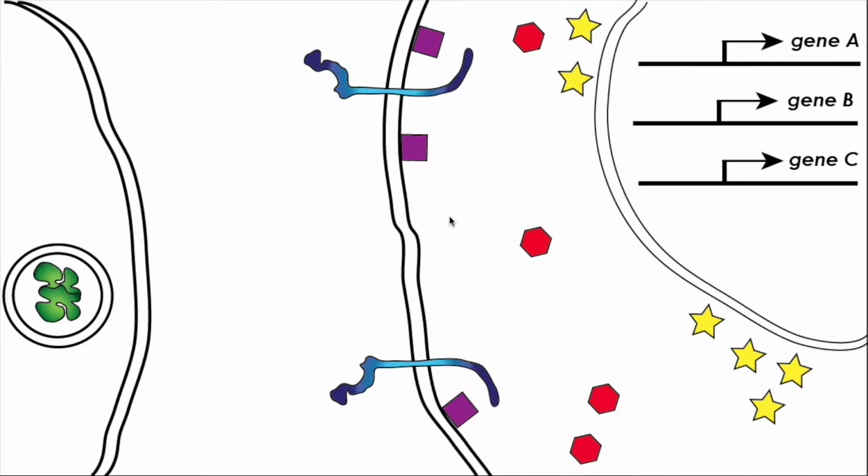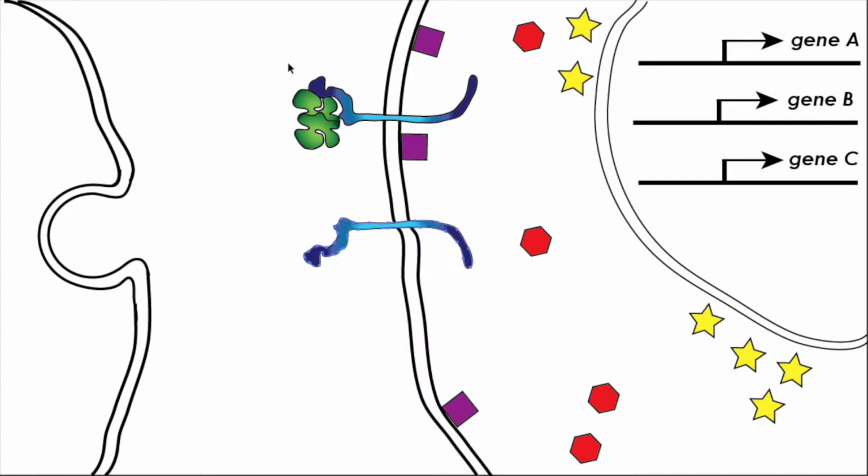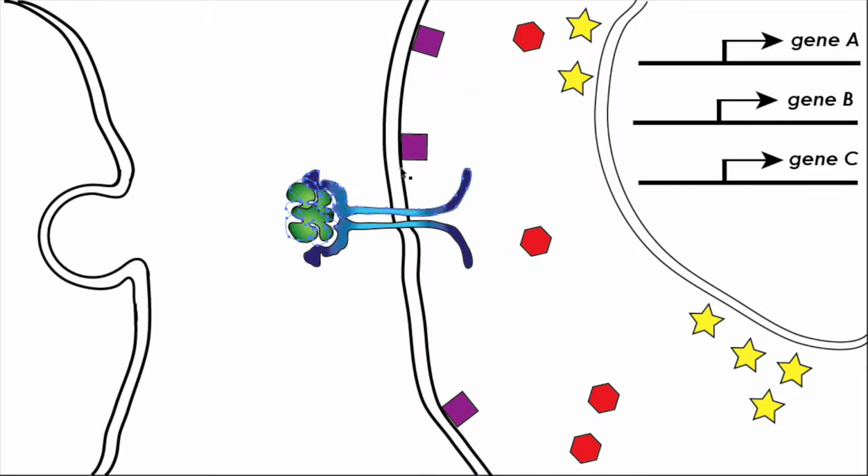The nucleus here is represented with the genome simplistically illustrated by these three genes. The ligand is exocytosed and secreted into its environment. The ligand will diffuse until it comes in contact with its receptor binding partner.